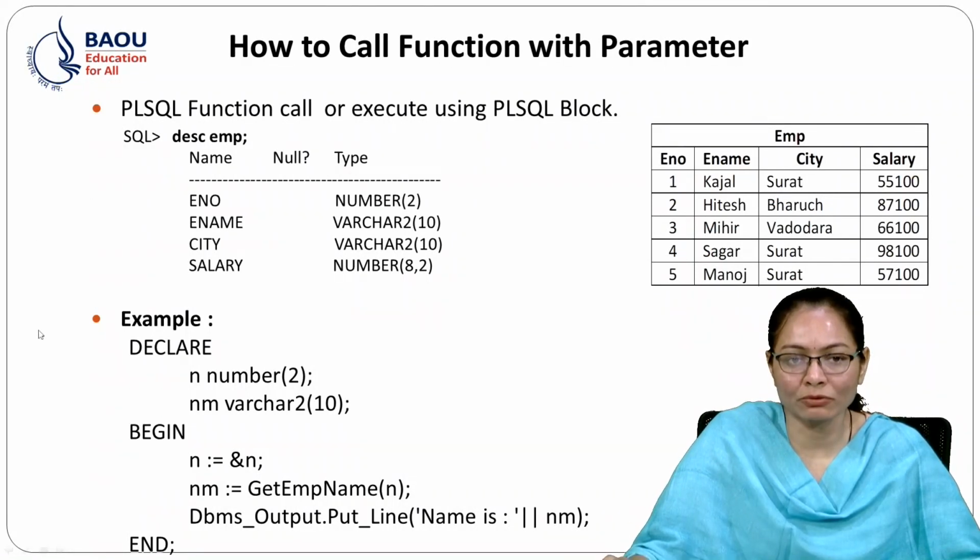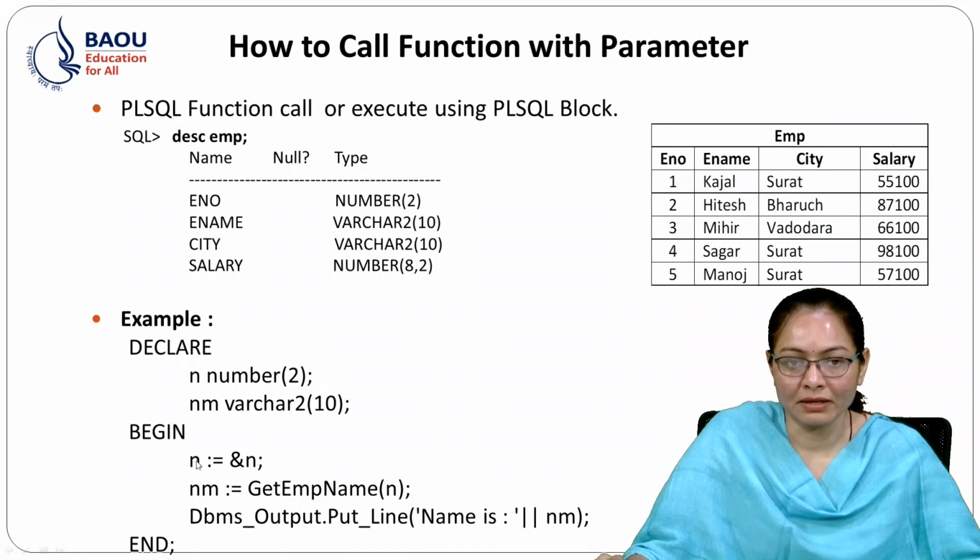So how do we call this function? We declare the two variables, n for the employee number and nm to receive the employee name. The two variables are defined with the same data types as the employee number and name. So n is defined as number 2, and nm is defined as varchar2 10.